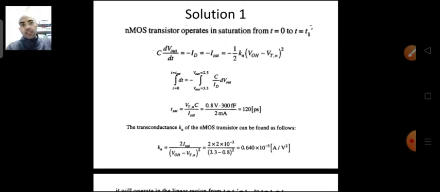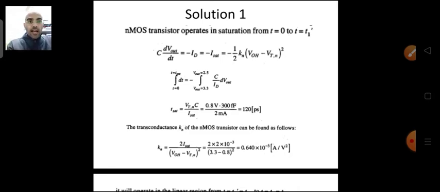Then we get the time during which the transistor works in the saturation region. In this equation VTN equal to 0.8 is used, capacitor equal to 300 femtofarad is used, and the 2 milliamperes is given in the problem itself. If we solve this equation, we get T saturation, the amount of time in which the transistor works in the saturation region, as 120 picoseconds, let's say.